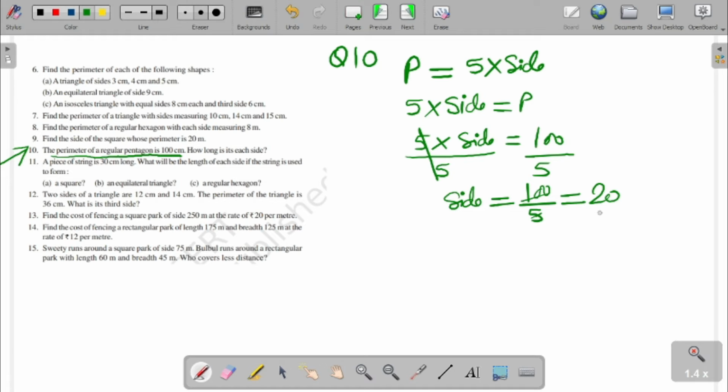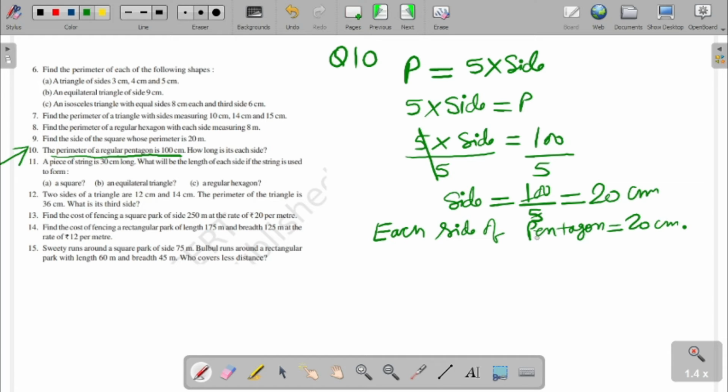Each side is 20 centimeter. Or we can write each side of pentagon equals 20 centimeter. Okay, this is question number 10.